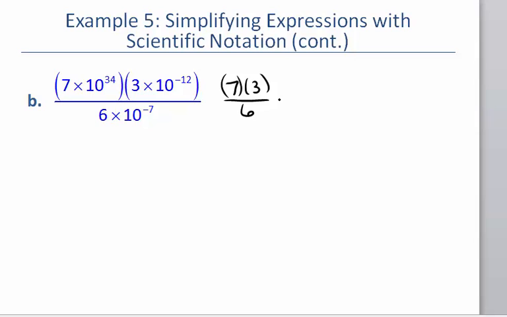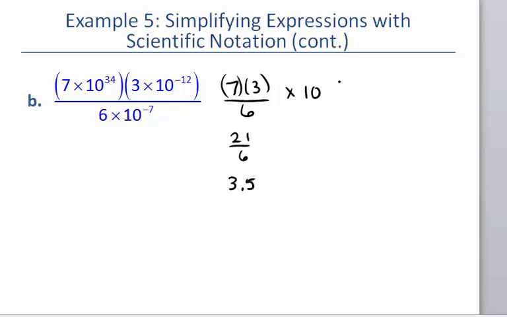So I'm going to go ahead and do the 7, the 3, and the 6. So 7 times 3 gives me 21. We'll divide by 6. And so we know that our number will be 3.5.